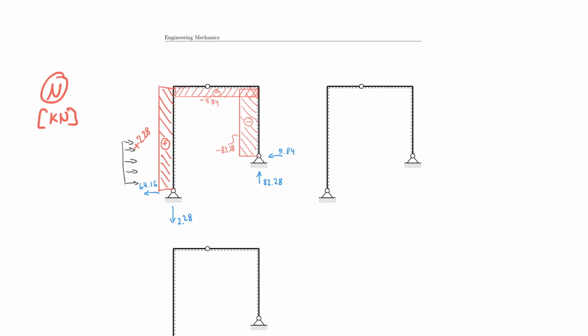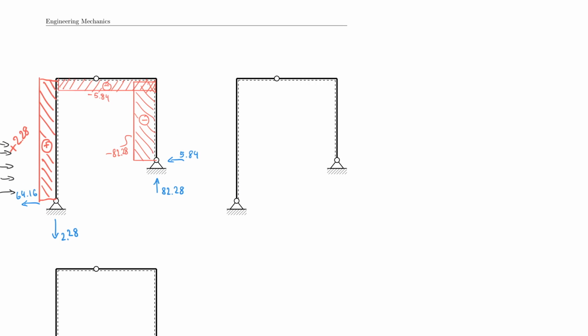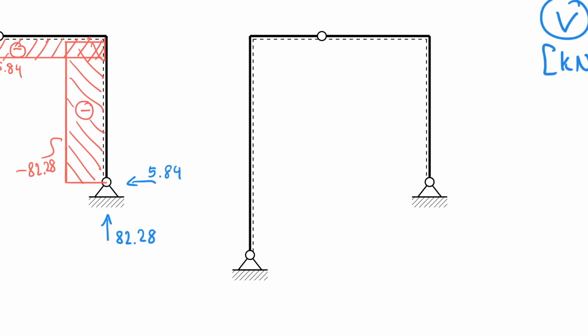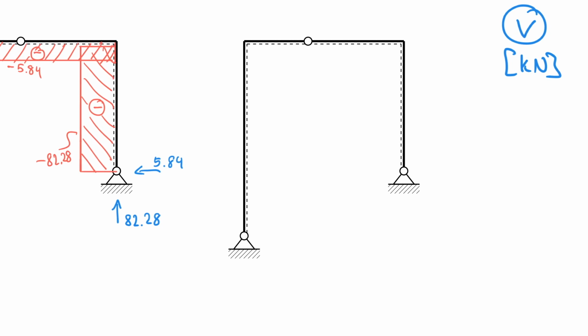So now we can move on to the shear force diagram. Let's do that. And let me just use the color blue in kilonewton for the shear force. And now we have to start again.